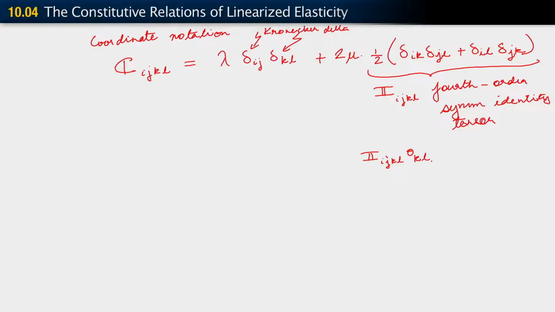It turns out that I acting on theta spits back for us theta, but the symmetric part of theta, which, since I'm using coordinate notation, is properly written as 1/2 theta ij plus theta ji.